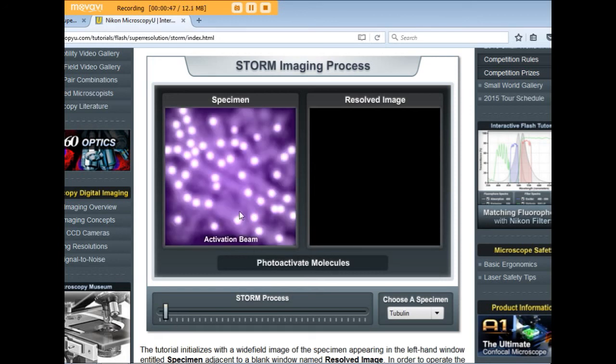We can control the activation beam with such a low intensity that only randomly certain PA fluorescent proteins are activated. For example, these molecules absorb the activation beam photons and become activated. So these molecules are now fluorescent molecules. If we shine excitation light, for example green light here, there will be emission light coming out.